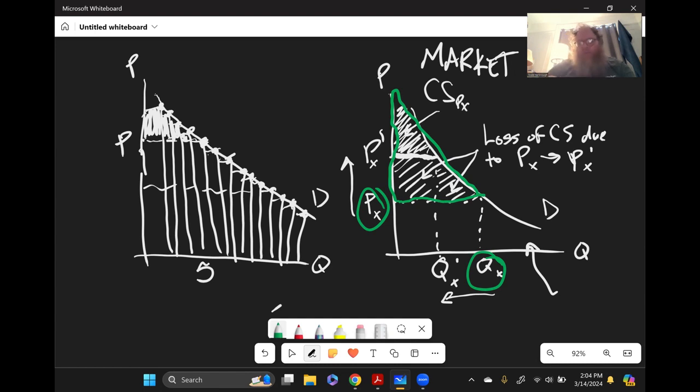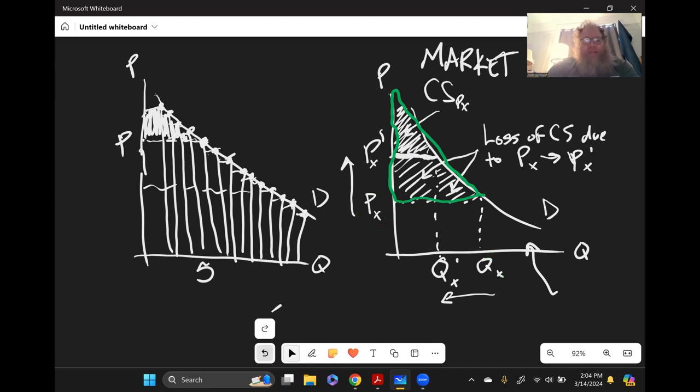What that triangle represents is that surplus value, Rn minus Pn for all the different consumers in a given market.